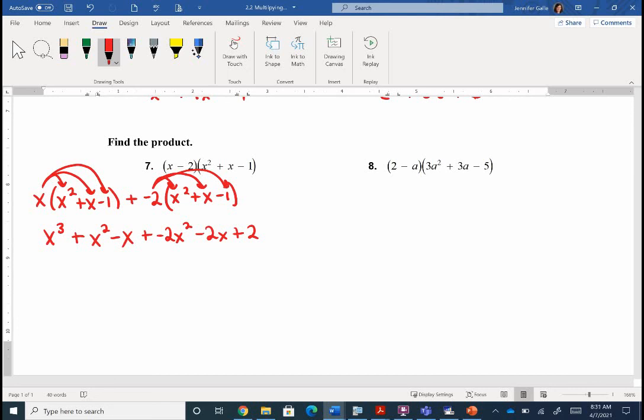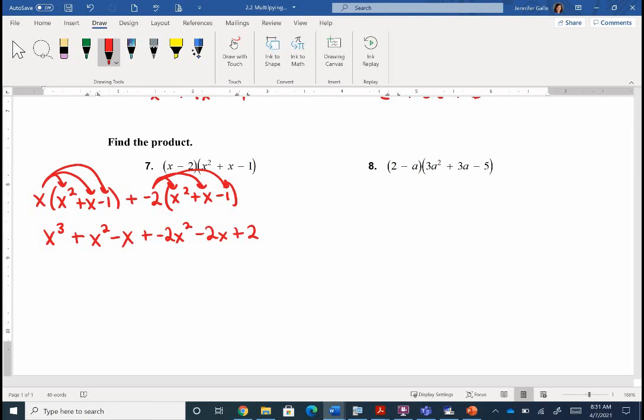I took the -2 from the binomial and I distributed it to the trinomial. So the x comes from my binomial and then the trinomial is still in parentheses. My -2 comes from the binomial and then my trinomial is just in parentheses. So all you've done is taken that first binomial and you've split it apart. And you're showing yourself multiplying, distributing each part to that trinomial.